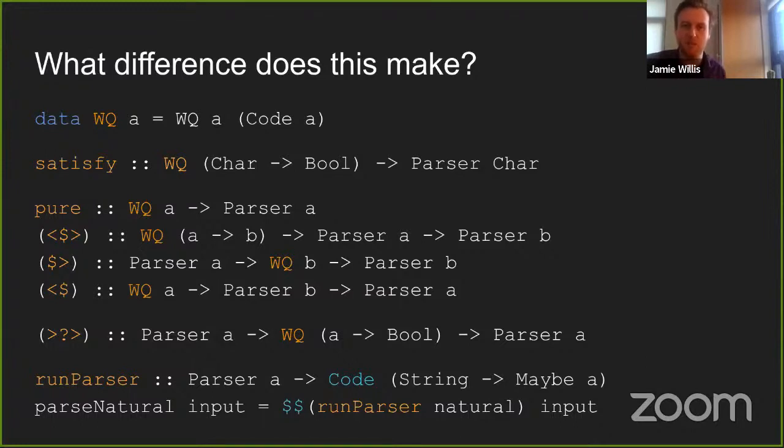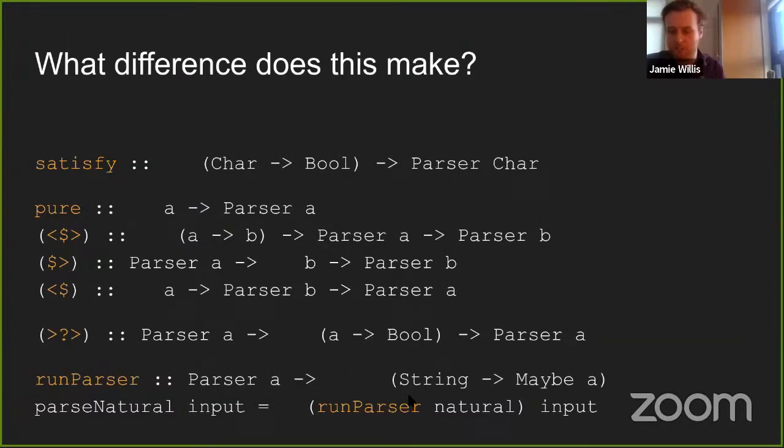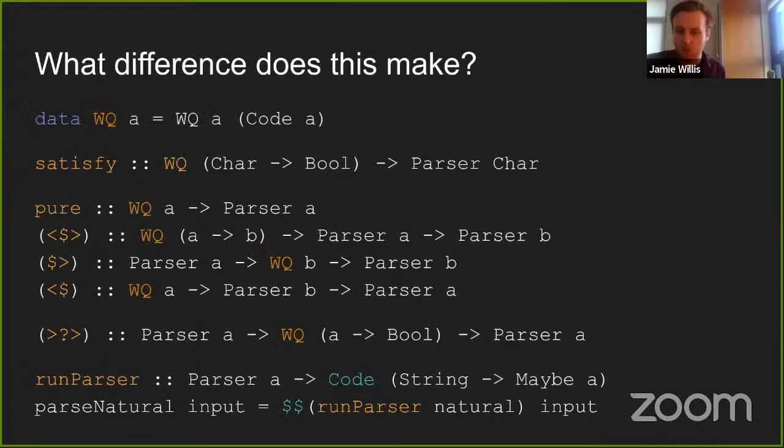So it's an AST that represents that value in A. And the other change that gets made is runParser now returns the code of a function from String to Maybe A. So it's no longer Parser to String to Maybe A. Now it's code, a representation of the Haskell function we want out. That's the thing that was generated.